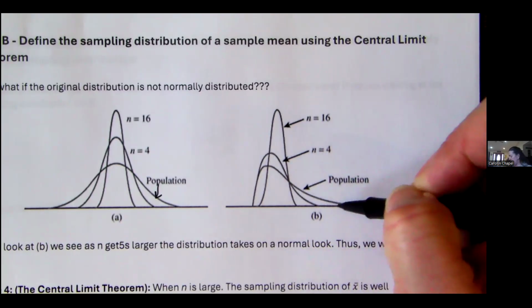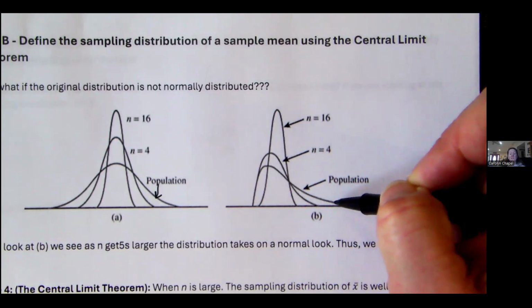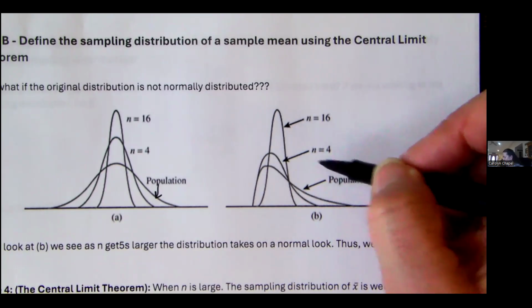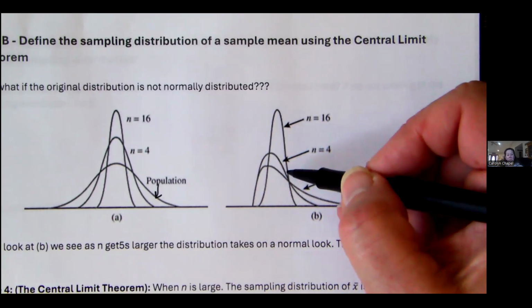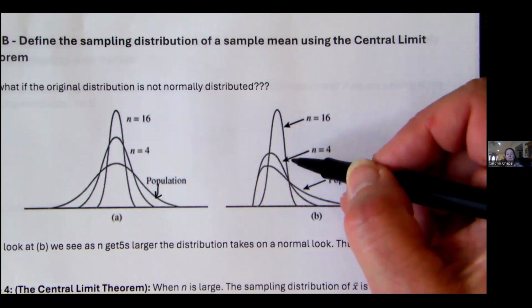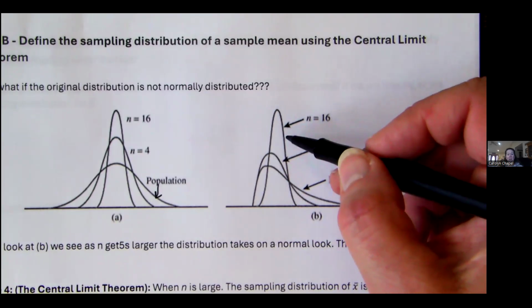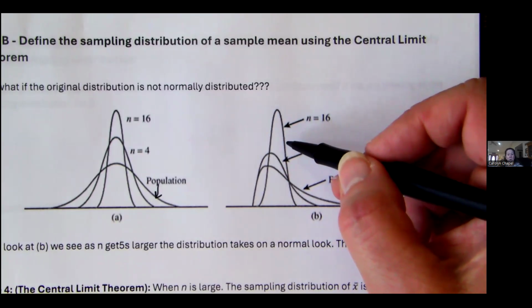So we can type in a population distribution and then just have it run a bunch of different X bars and start to look at what those values look like. If we get n being 16, notice that curve. It looks pretty close to normal already.